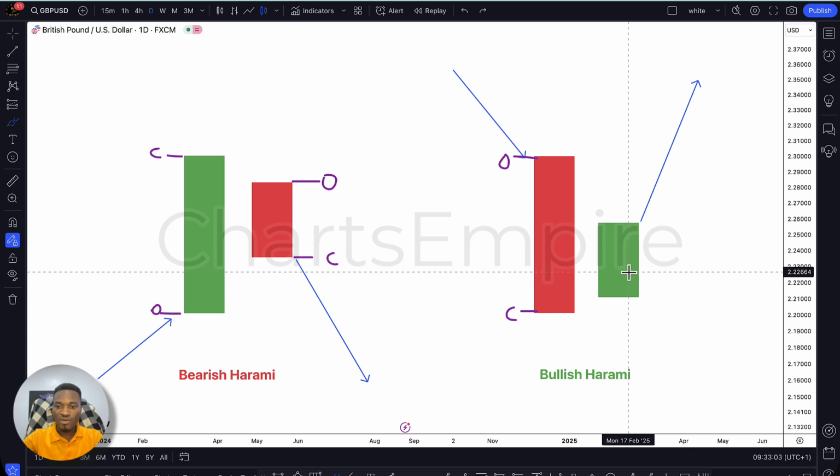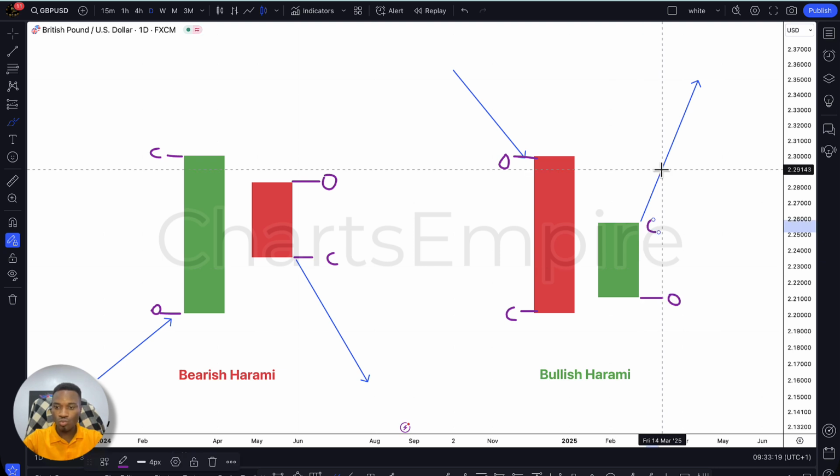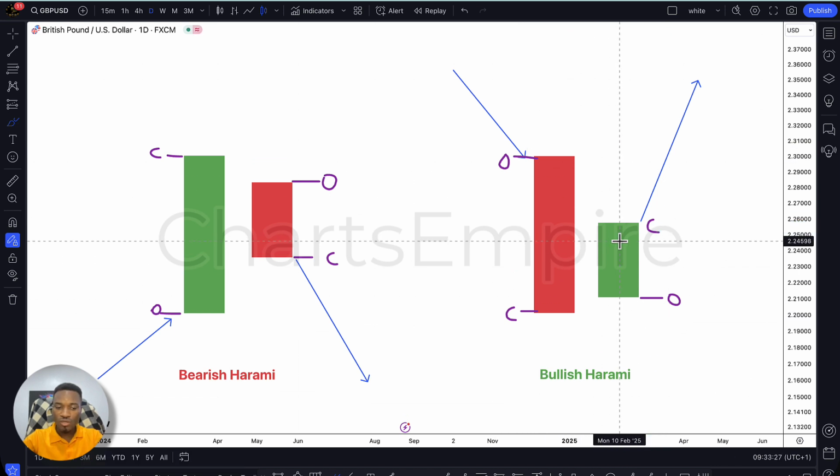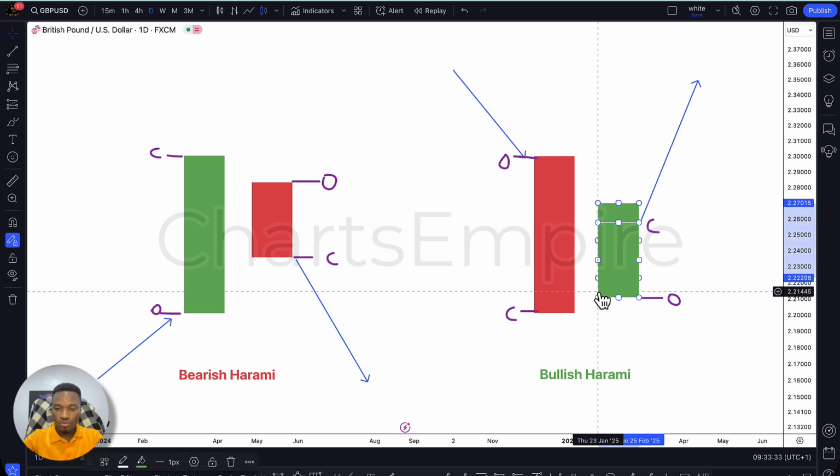So whenever you see the bullish candlestick, this gives us what we call the bullish Harami candlestick pattern. This is what you need to do once the opening and the close of the bullish candlestick has been formed, resulting in the bullish Harami. You need to patiently wait for the next candlestick to close above the what?